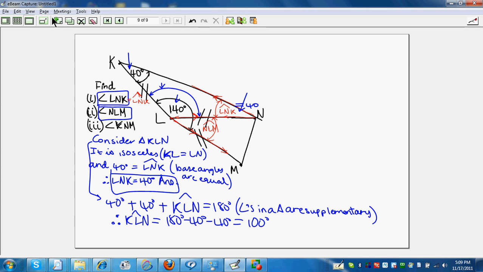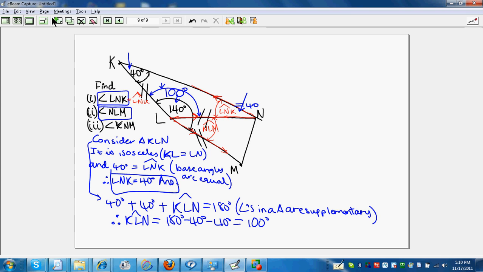So what they are saying is that angle KLN is 100 degrees. So I could put here 100 degrees now. Okay? So you would realize that if you had the 40 and the 100, that will give you the 180 in the triangle KLN.